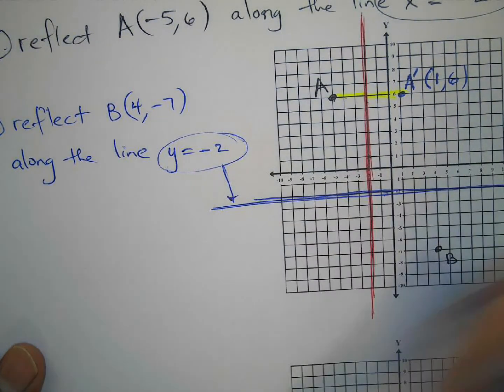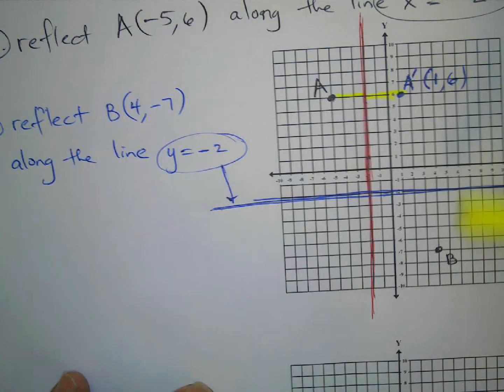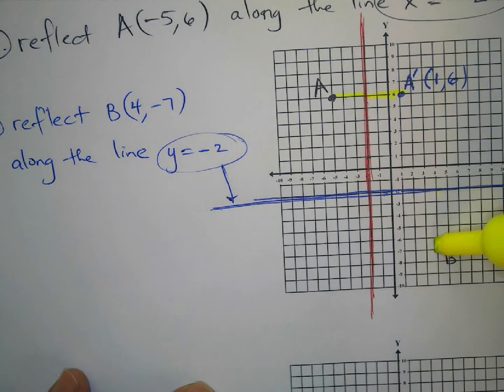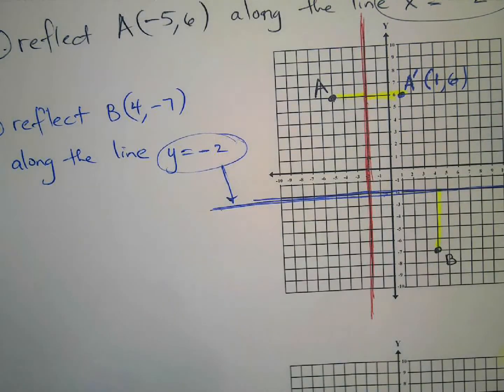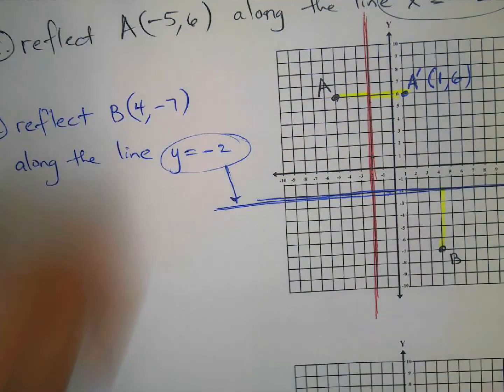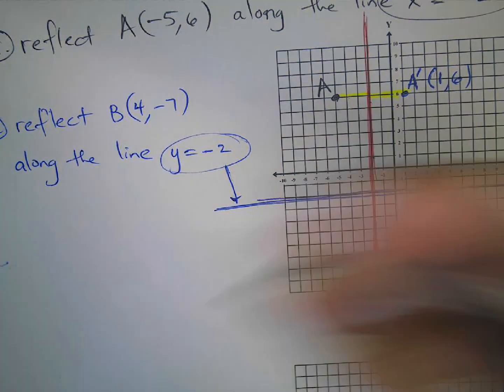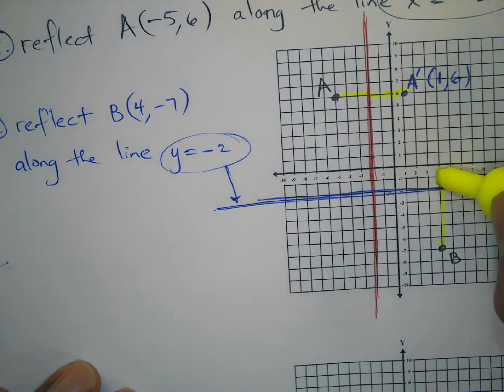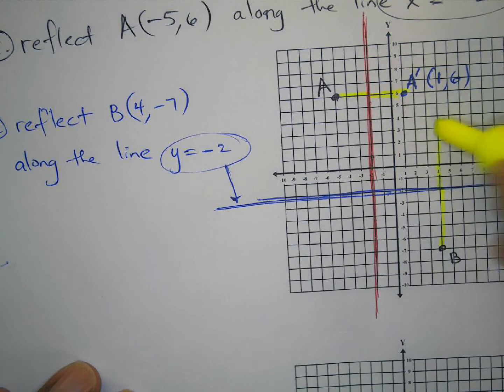Well, you count how many spaces it's from point B to that line. 1, 2, 3, 4, 5. So again, remember, that's the line where you're folding this point over, and it's going to appear on this side. So if it's 5, I count 5 this way, 1, 2, 3, 4, 5.